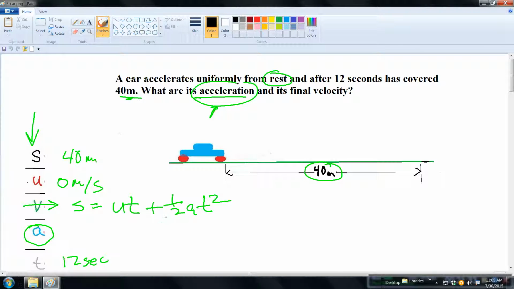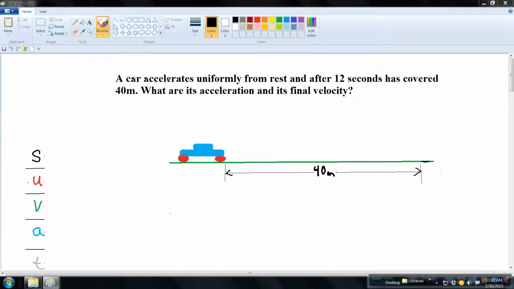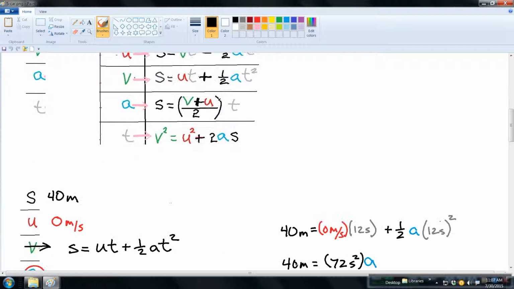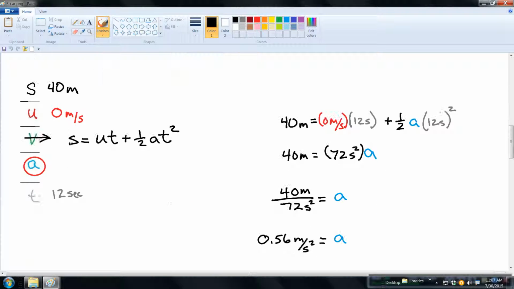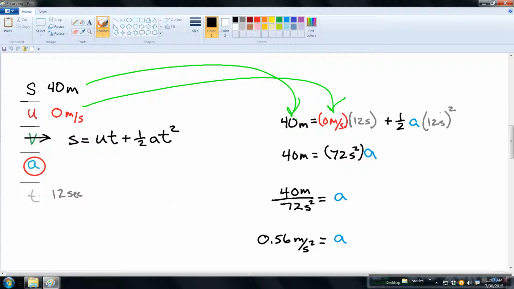Alright, so now we're ready to solve our problem, and we'll go down here and fill in displacement, initial velocity, and then our times.